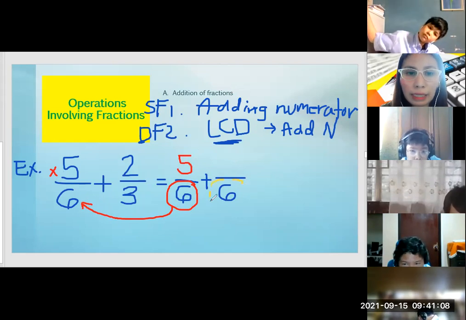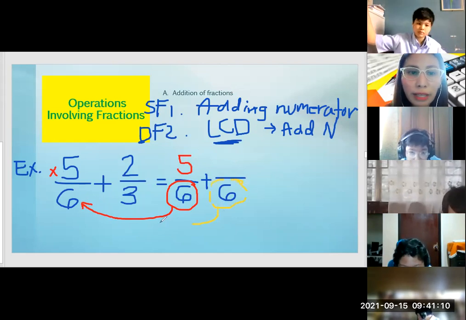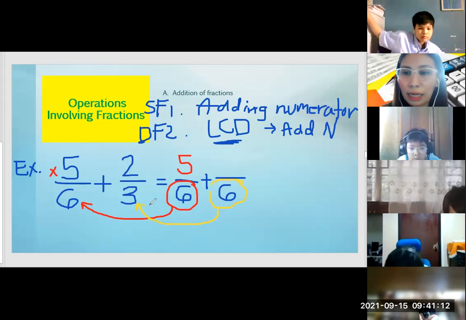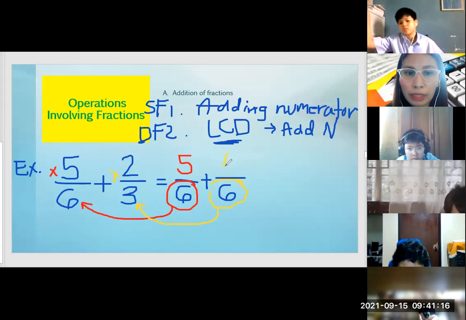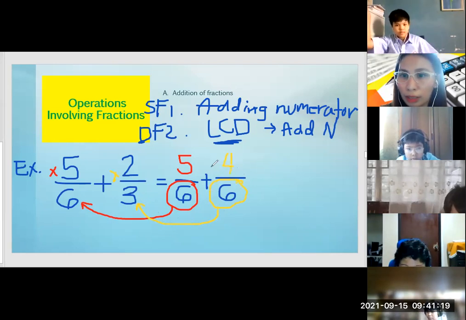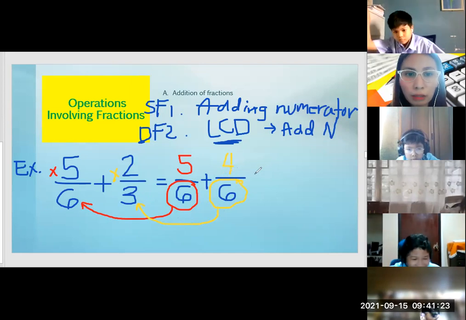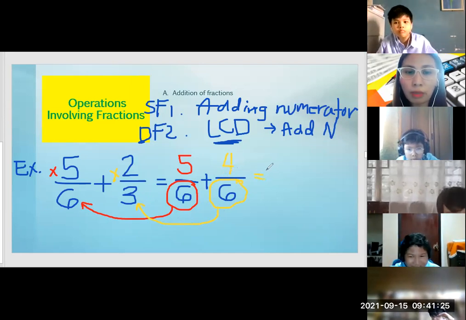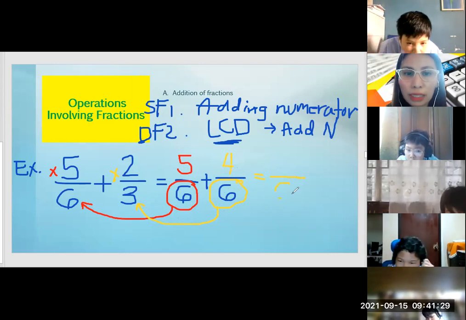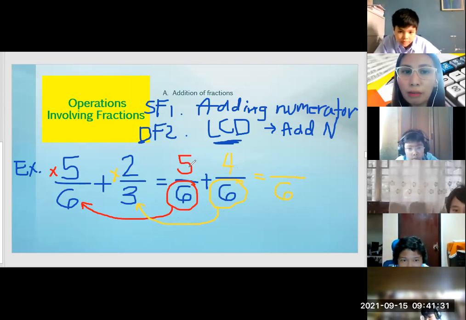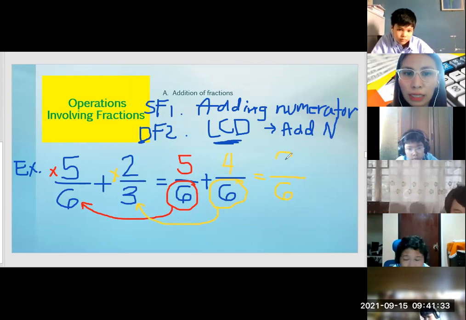Next, 6 divided by 3 is 2, times 2 is 4. Right? You remember? Copy the denominator, 6. And now let's add 5 plus 4. It's 9.